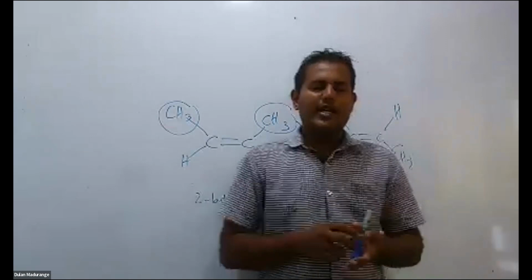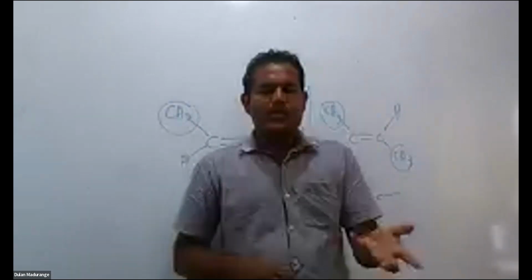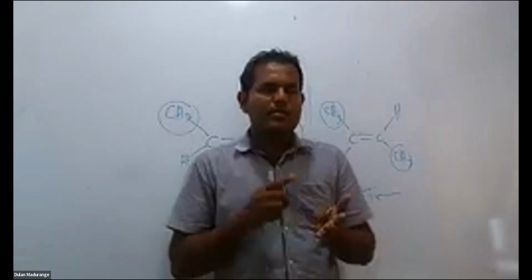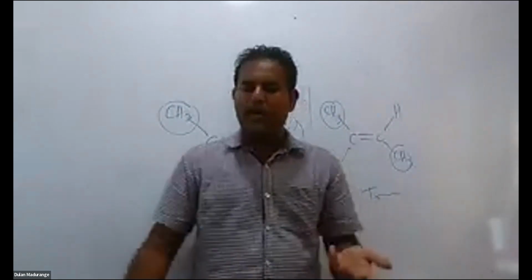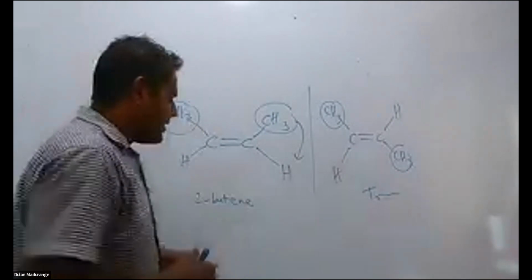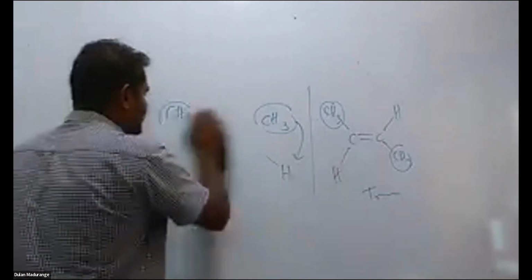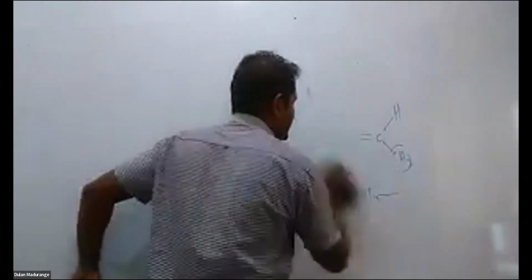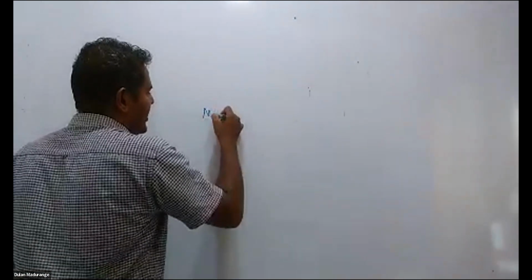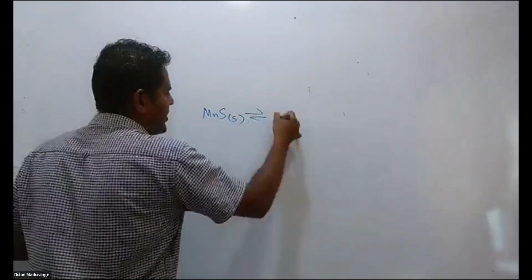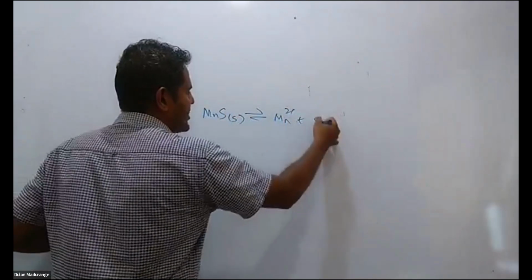S2 minus ion is an anion of a weak acid. So you know weak acid is H2S. The anion is S2 minus. So when you consider manganese sulfide, MnS, we can consider MnS dissociates to give Mn2 plus and S2 minus.